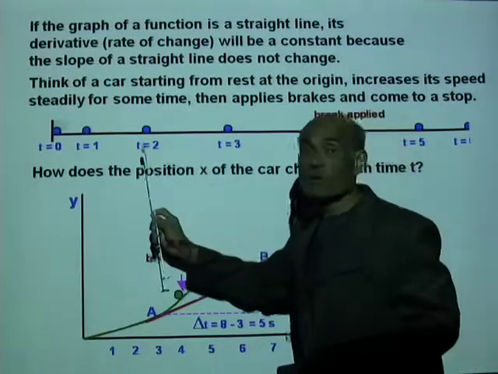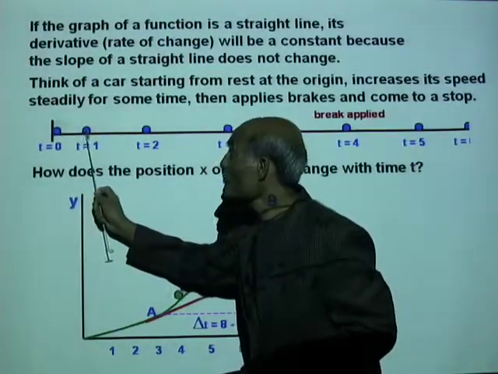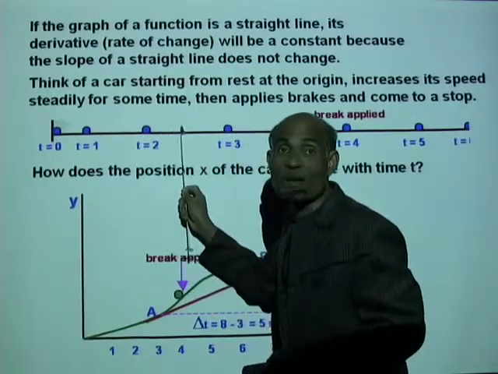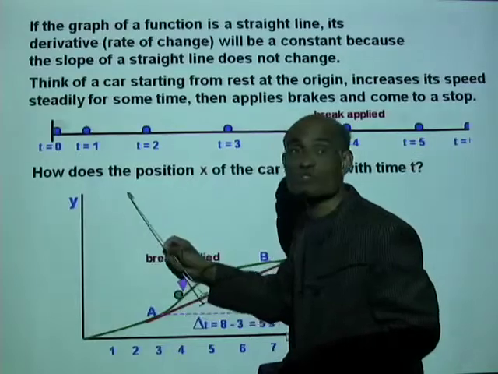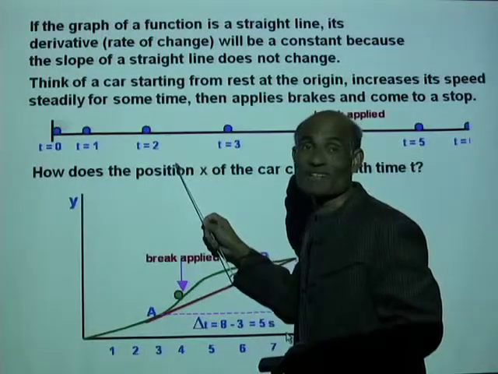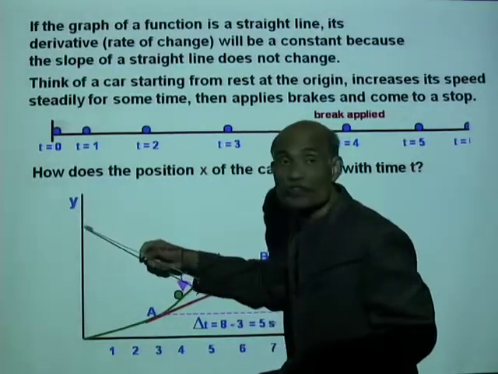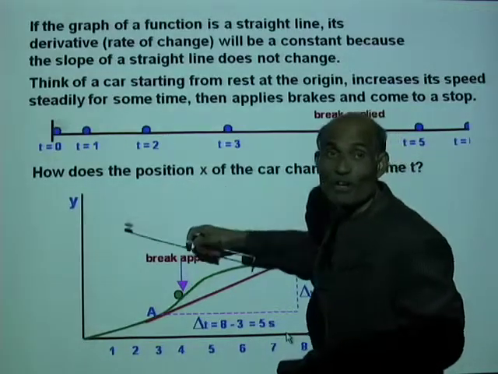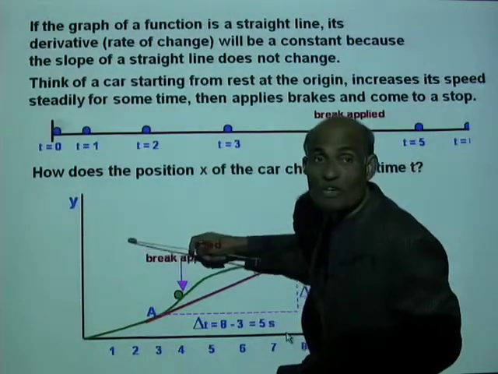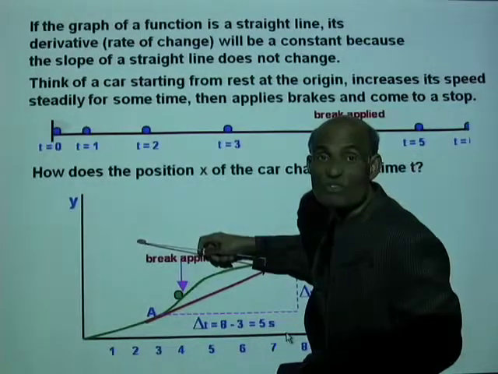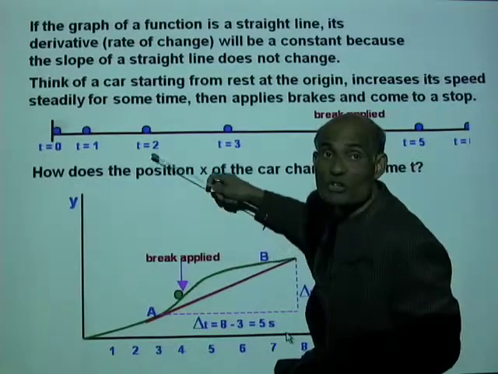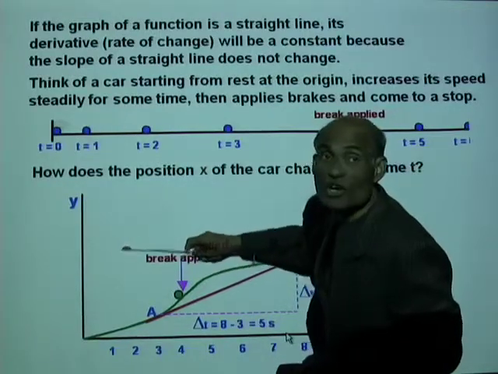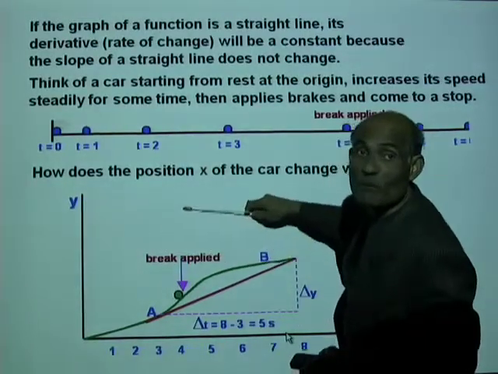So, remember, if the distance covered is the same every time interval, then you get a straight line graph. Is that right? Now, in this case, the graph is going to be curving up, because each time the time increases by 1 unit, the distance is going to increase greater each time. So you can see the graph will curve up.